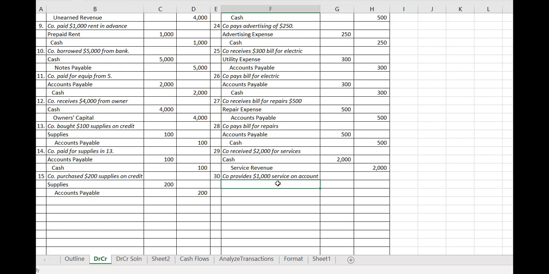So if it's on account, that means we've got money coming in. We didn't get the money yet. Accounts receivable for $1,000, and recognize service revenue for $1,000. So we increased the asset accounts receivable, and we increased service revenue by $1,000.